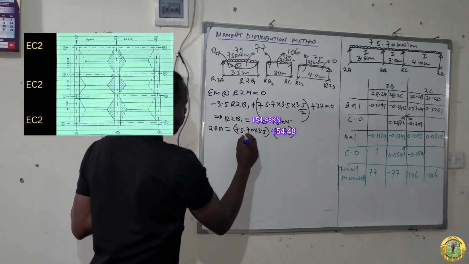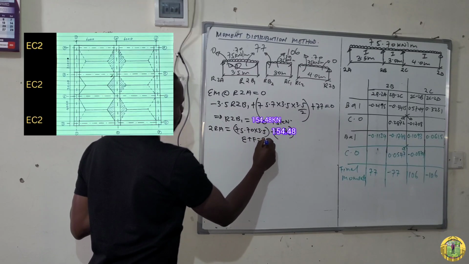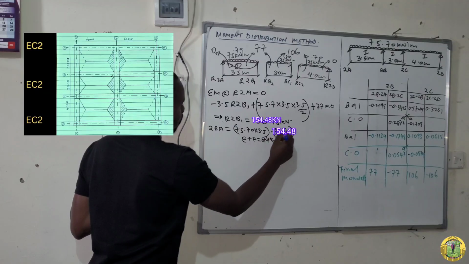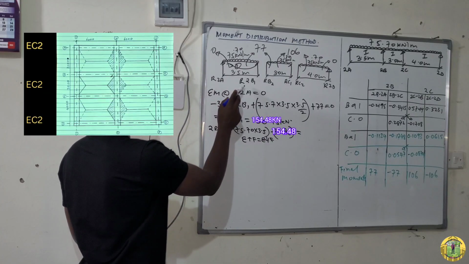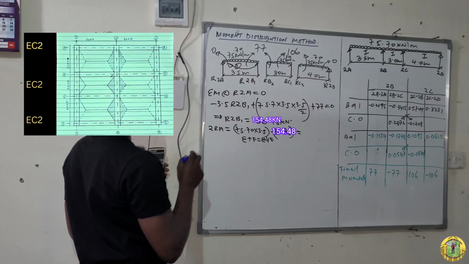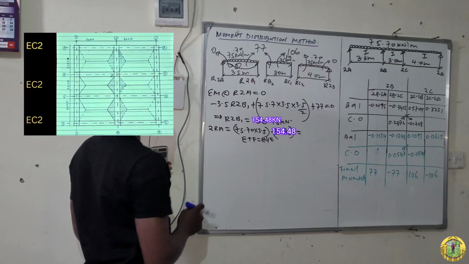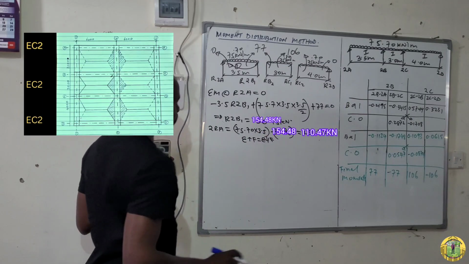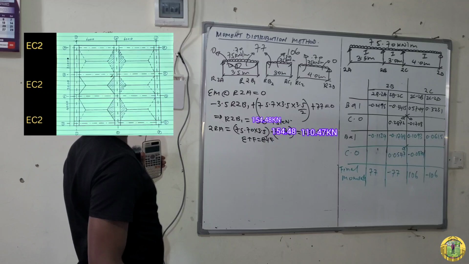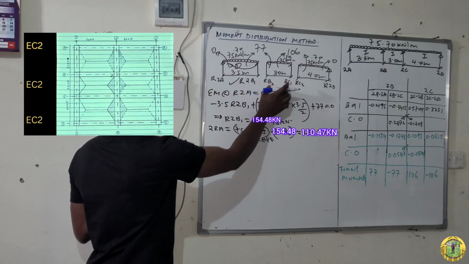This is because the summation of upward forces is equal to the summation of downward forces. The upward forces are R2A and R2B1, and the downward force is 75.70 multiplied by 3.5. So this one will be equal to, in Newton, that is 2RA. We are done with this one. We proceed to this one.